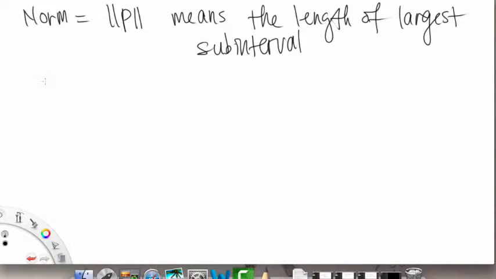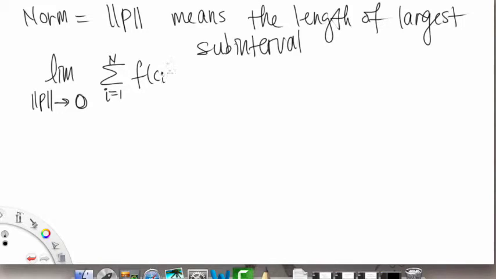If we take the limit as this norm goes to 0, as it becomes really, really tiny, and we're forcing all of our subintervals to be tinier and tinier, really minuscule, then our Riemann sum is going to approach some limit.